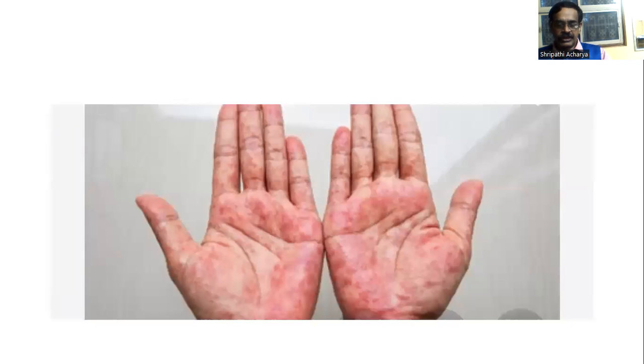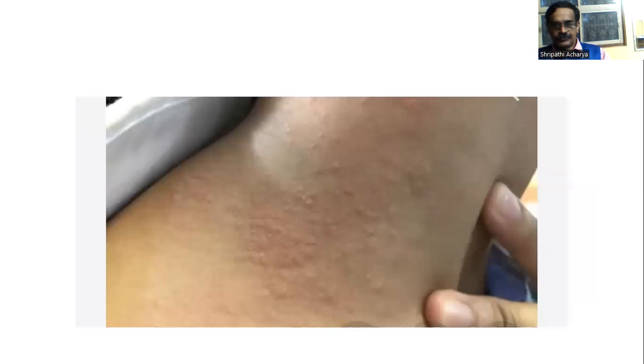Another patient where you see erythematous areas in the palm. There will be itching also. A case of contact dermatitis. Another patient where in the axilla there is chronic itching. There is darkening of the skin and small eruptions with scaling. A sure case of contact dermatitis.